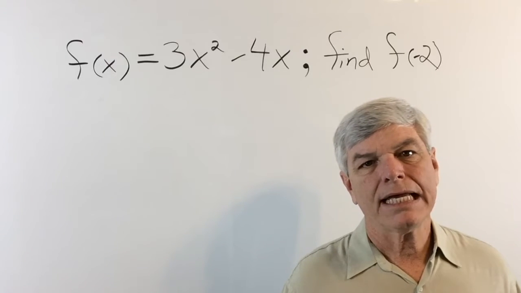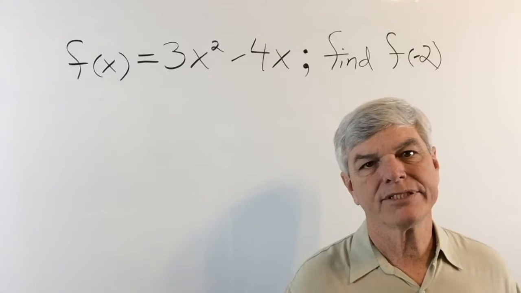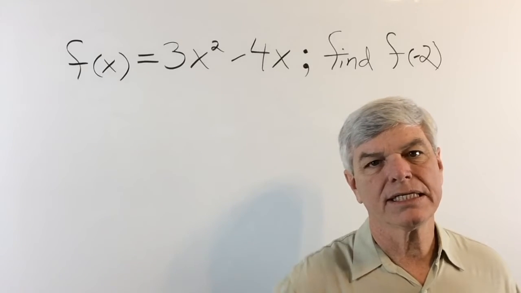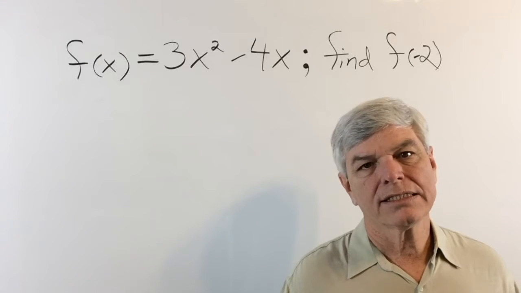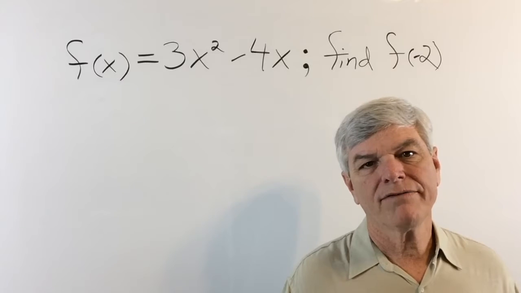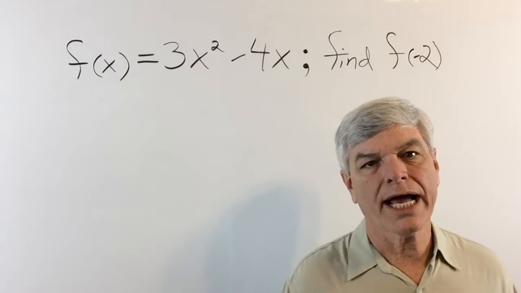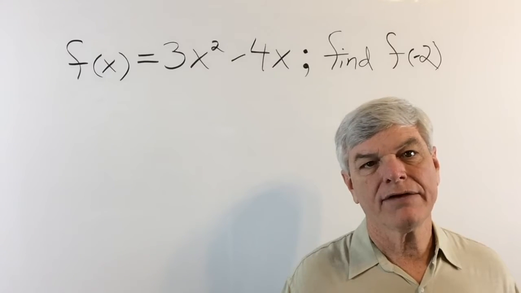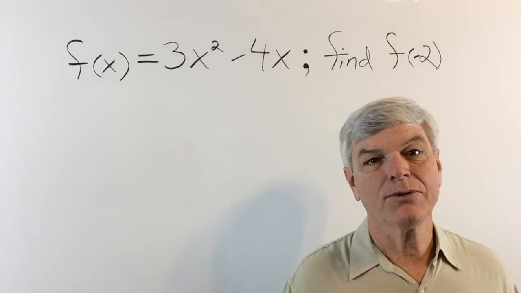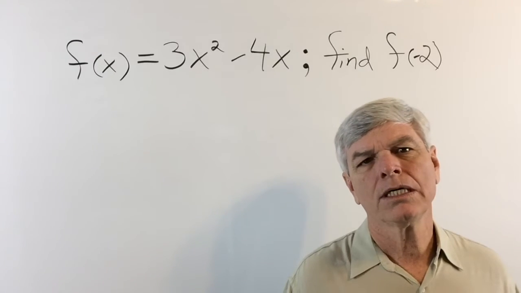It's pretty simple. We've done this before, except that they're driving you a little bit crazy with this f(x). The way we read this is, when the function of x equals 3x squared minus 4x, what is the function if x equals negative 2? Or find the function when x equals negative 2.